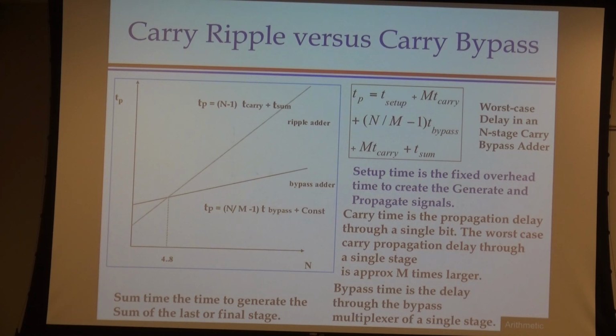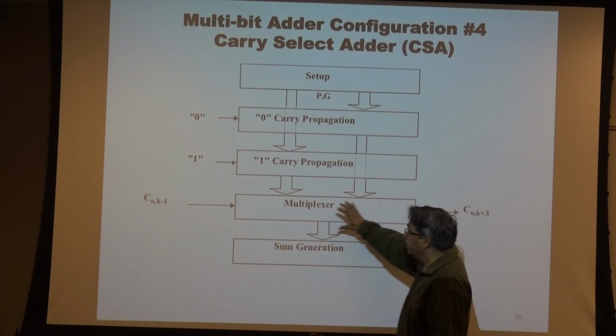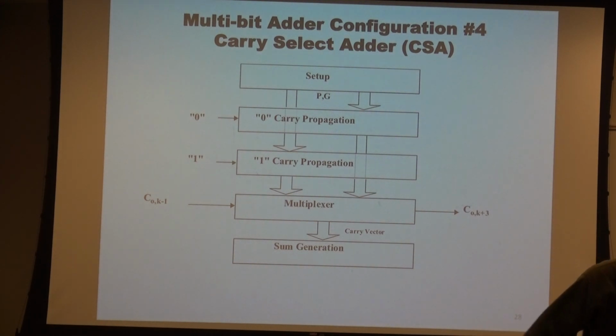Another way to do that is what is called the carry select adder. The carry select adder also uses multiplexers, like the carry bypass adder.